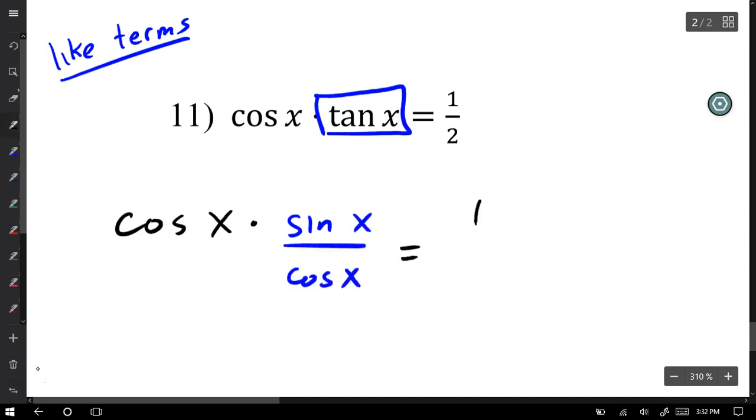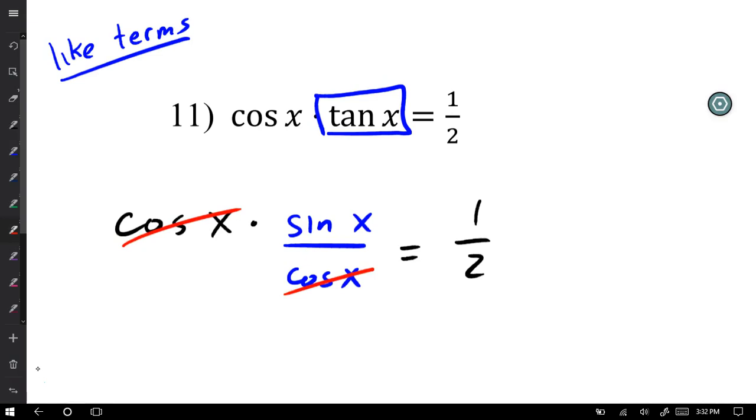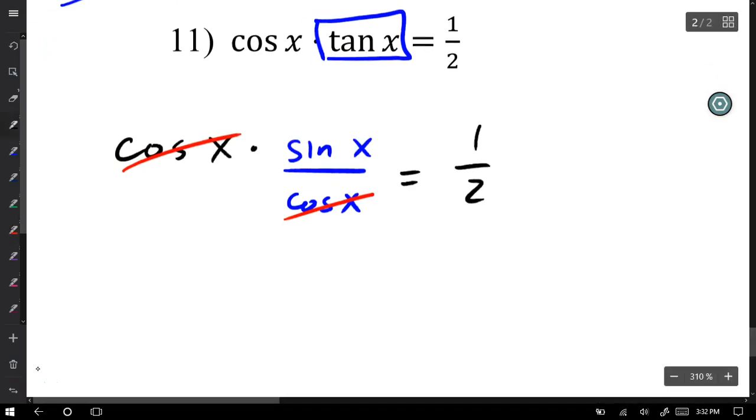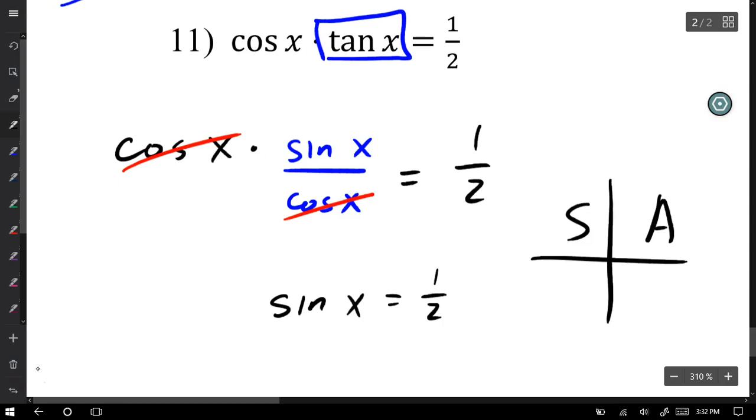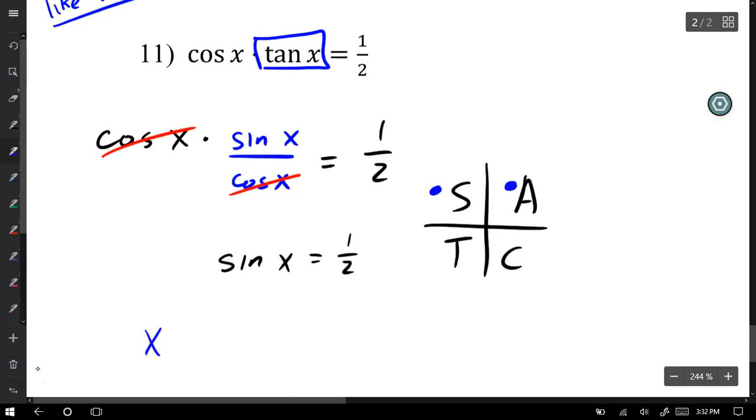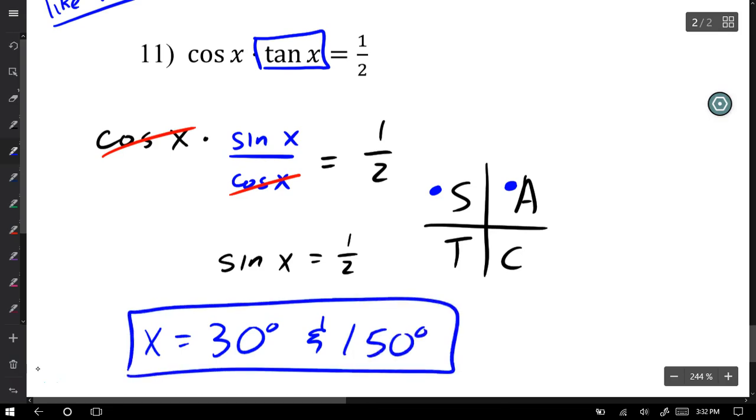And since it's all multiplication, that allows me to cancel out the cosines. So all I have is sine of x equals half, which, if we think about it, is positive only in the first quadrant and the second quadrant. So when I go to my trig chart, I'll see x equals 30 degrees and 150 degrees. And there we are. Those are our answers.